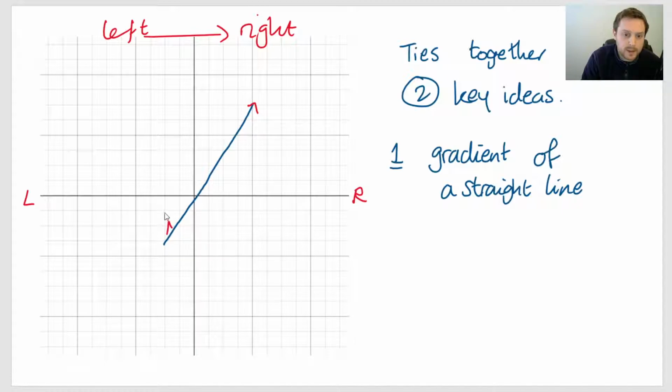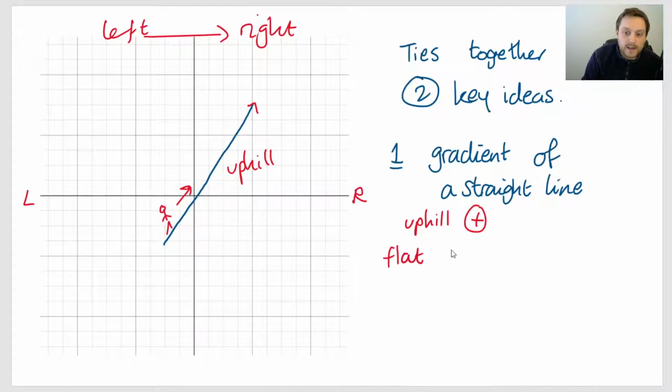So if I start at the bottom of this hill, and I'm going to be going left to right, I'm going to be going uphill. Okay, so uphill. So first of all, if it's an uphill line, it's got a positive gradient.